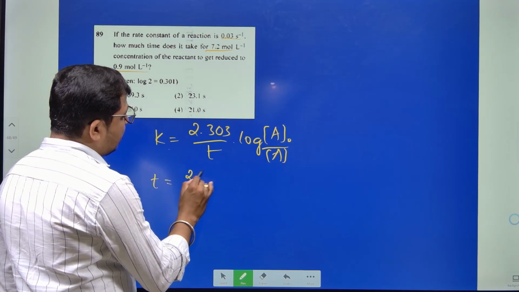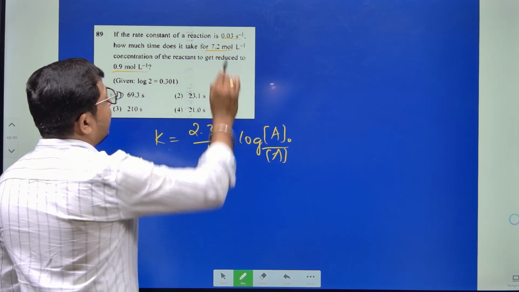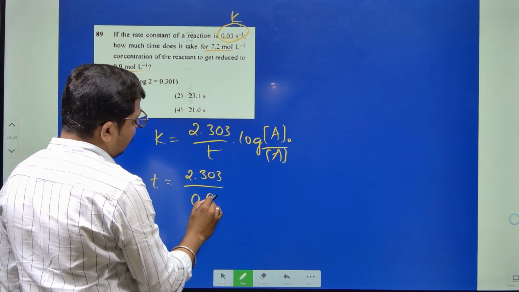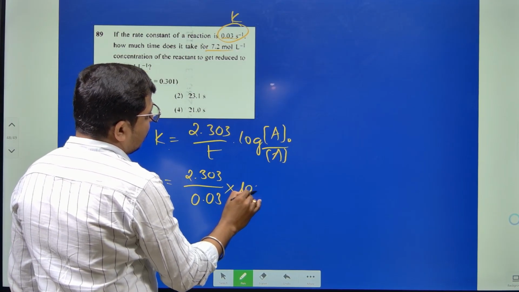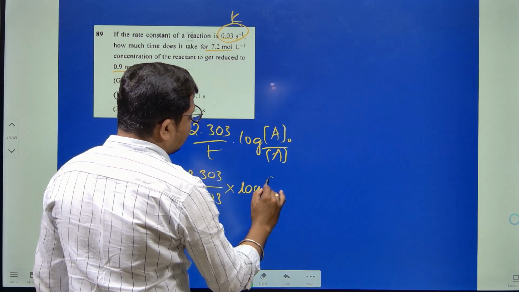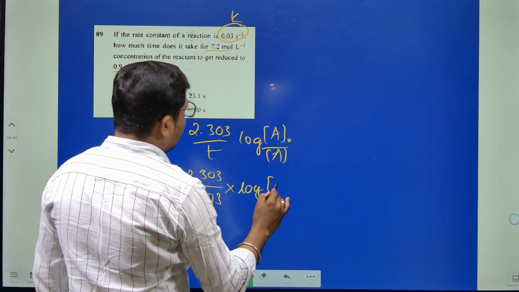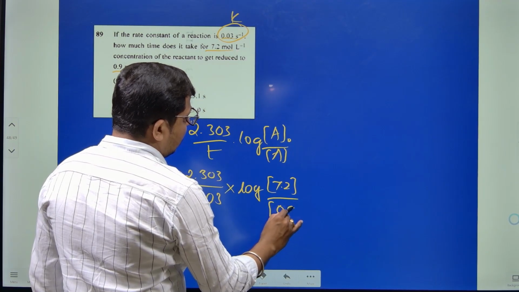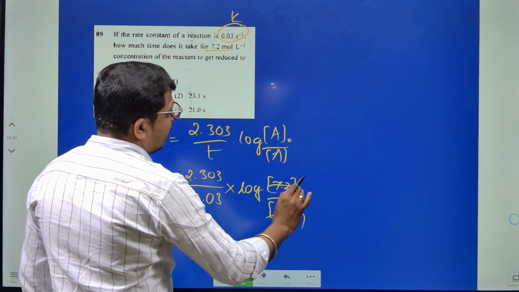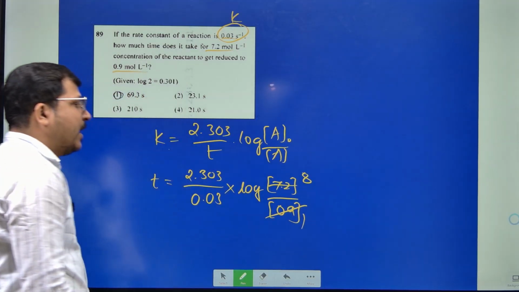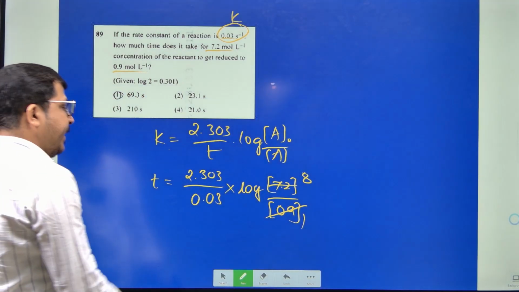Therefore, 2.303, and K value they have given as 0.03, into log of A naught, the initial concentration, 7.2 divided by 0.9. 9 ones are 9, 9 eights are 72.